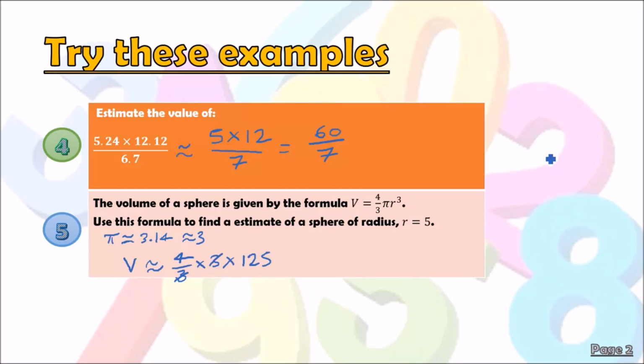Top and bottom always cancel, so we're left with 4 times 125. A quick way to just double is 250, double 250 is 500. So the solution, with r equals 5 centimeters, is 500 centimeters cubed. And that's it, guys.